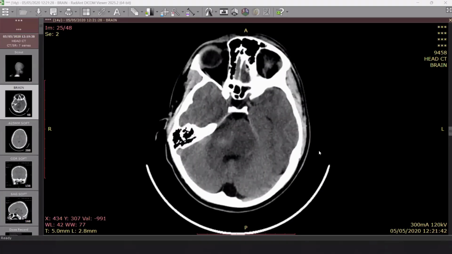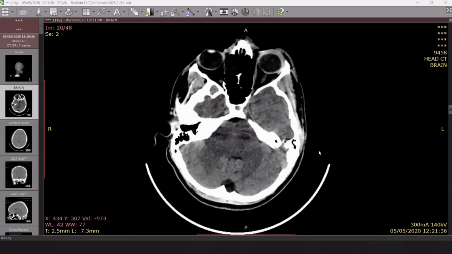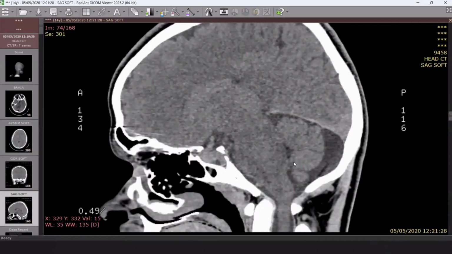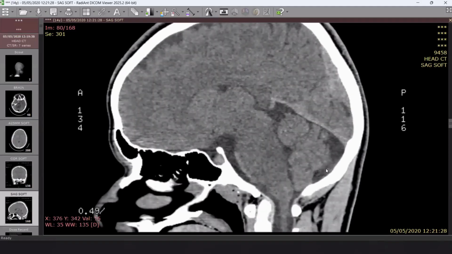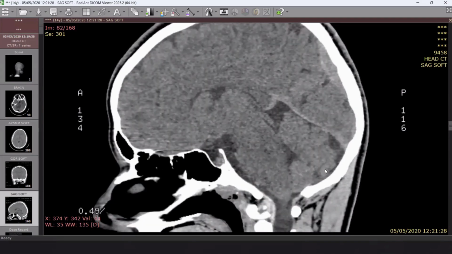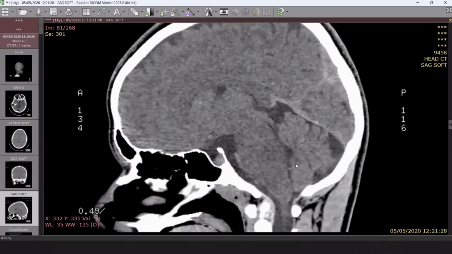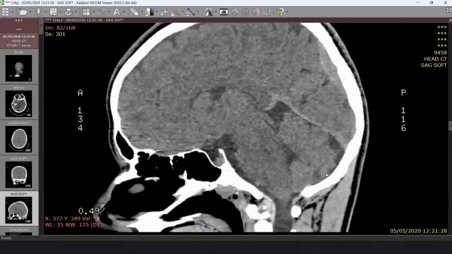I want to assess for any transtentorial or tonsillar herniation for this as well. You are right. I think there is no transtentorial herniation. But the bulk of the lesion appears to be within the brainstem mostly, with nice effacement of the fourth ventricle.